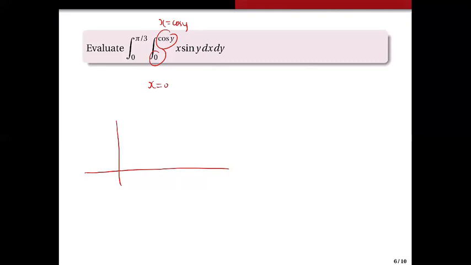The graph of x equals cosine y is what? This is not a function of x, but it looks like this. So this is your x equals cosine y.